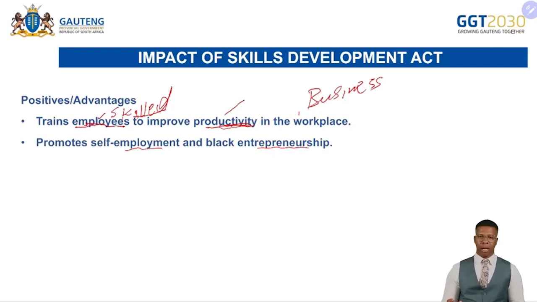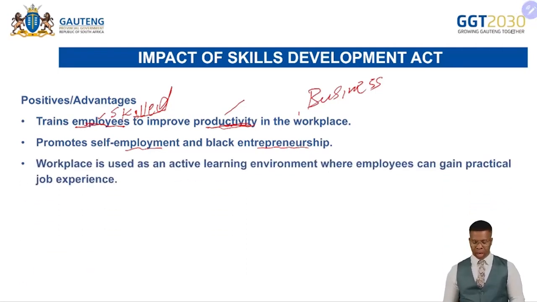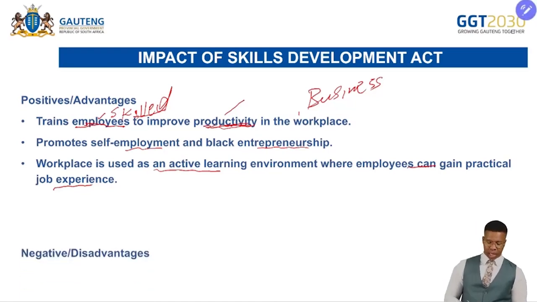So it becomes a benefit or a positive to the employees. Now, the workplace is used as an active learning environment where employees can gain practical job experience. That also encourages employees and is a positive because the workplace is being used to train or improve the skills. And later on, it also goes back to the issue of productivity.